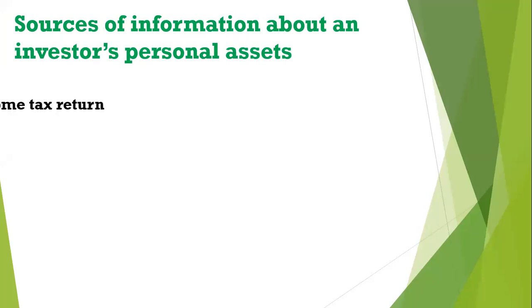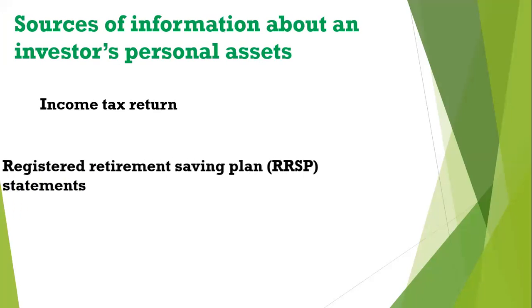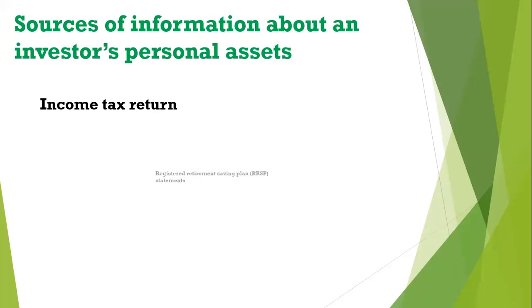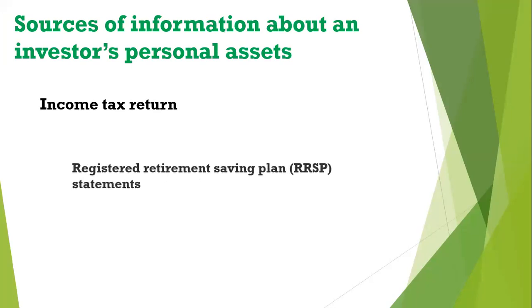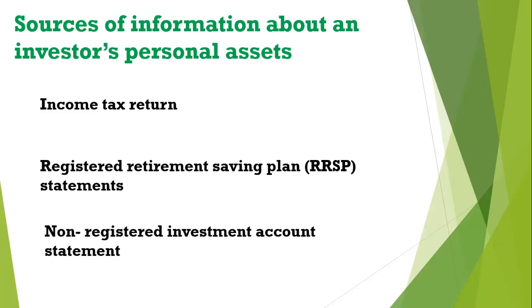Some people will look at the income tax returns. When you look at the income tax return, it will show you how much money you made, and whether you have your RSP, the Retirement Savings Plan. Statements also show you the amount of RSP that you have built. And here you have the non-registered investment account, things like maybe a cash account or pension accounts and all those.